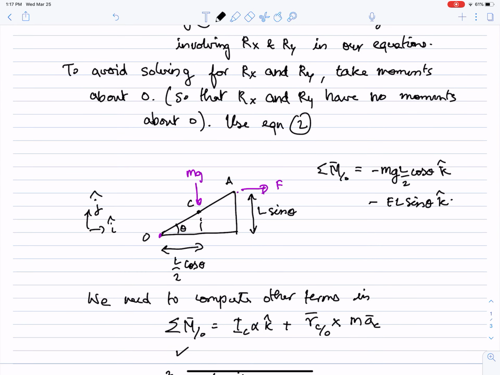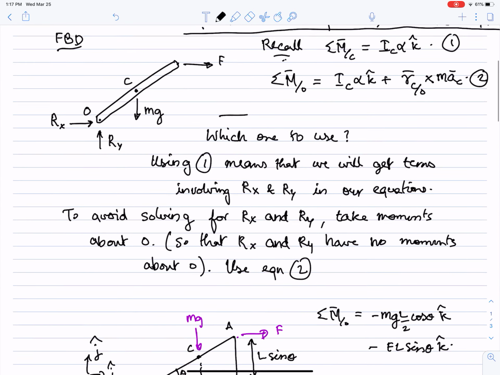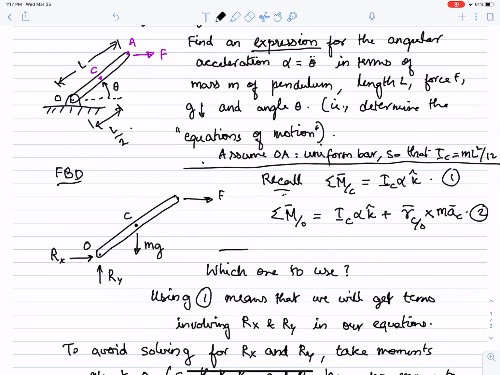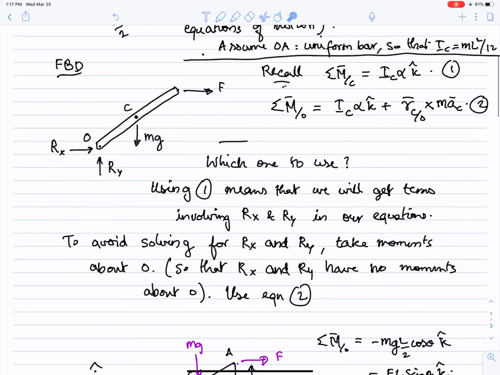Well, we want to express it in terms of these angles, the acceleration of the center of mass.